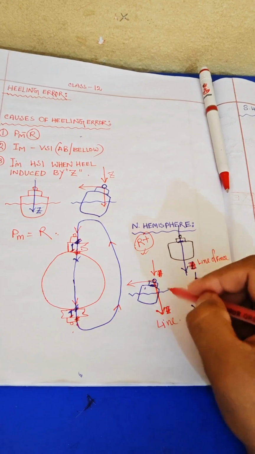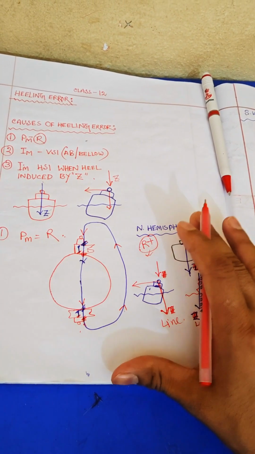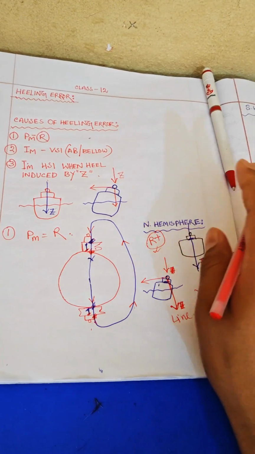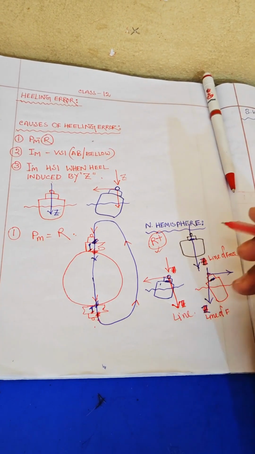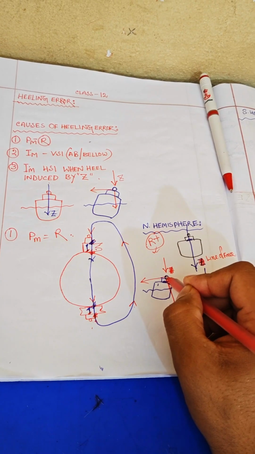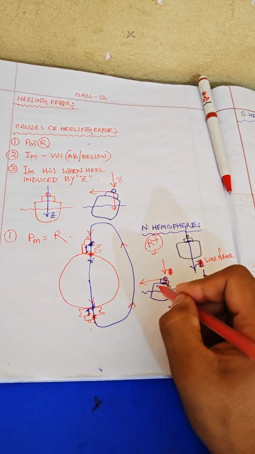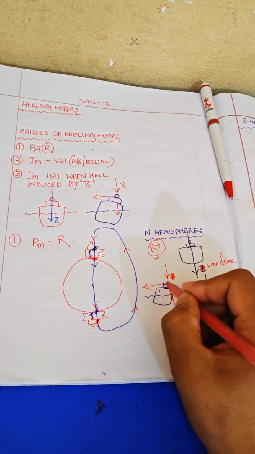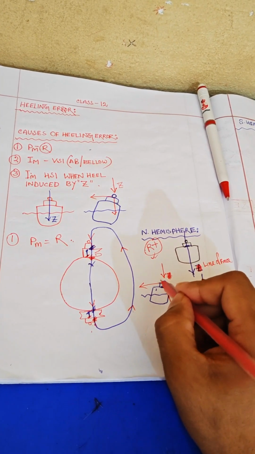These vertical components are no problem, this is the same Z force, so this does not create any deviation. But another component will be created horizontally on the high side of the heel, the high side of the roll. This is the high side of the roll, so these horizontal components will create the deviation, guys.